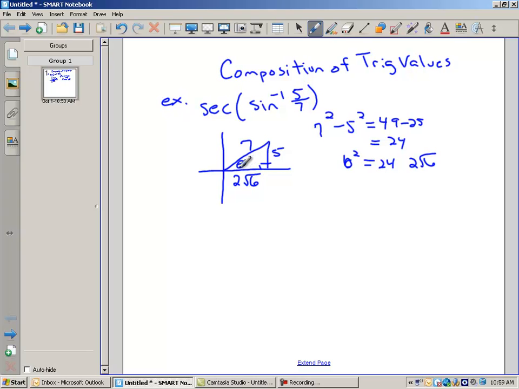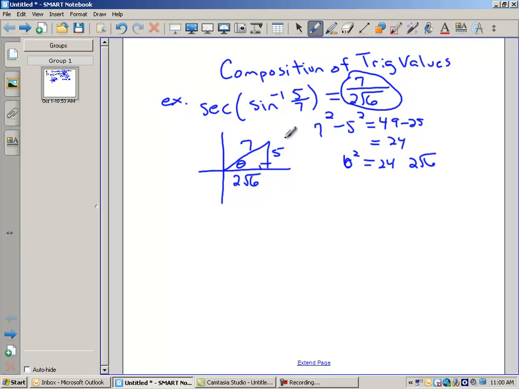And we're not going to actually find the angle, we're just going to find the secant of that angle. And of course secant is the reciprocal of cosine, and cosine is adjacent over hypotenuse. Secant is hypotenuse over adjacent. So the secant of the arc sine of 5/7 is going to be 7 over 2 square roots of 6.